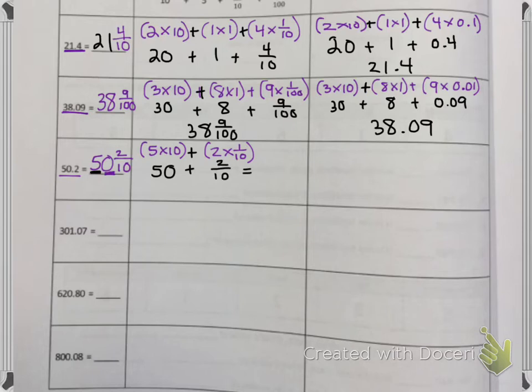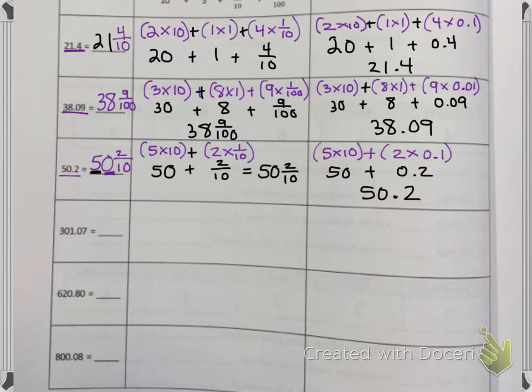And when we add these together, it's going to give us our answer here. All right, next let's do the decimal. So 5 times 10 again. That equals 50. Nothing in the ones, so we're just going to do the decimal, 2 times 0 and 1/10. And boom, that gives us 50 and 2/10.